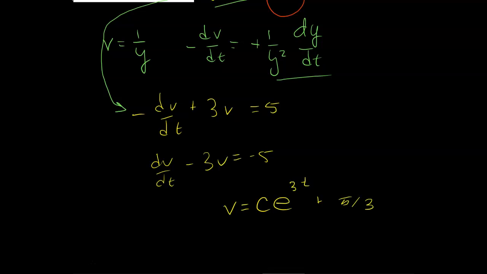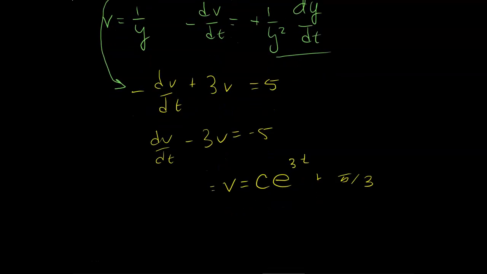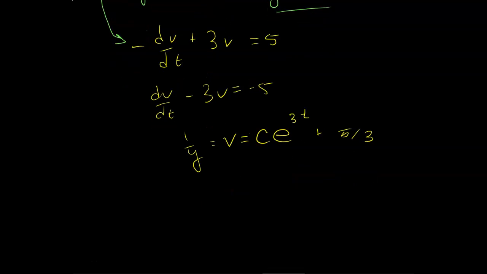So there's my v. In order to find out what y is, recall that v was given as 1 over y. So let's just flip everything upside down. So y is equal to 1 over all that junk. Great. I feel like I'm a little gung-ho at the moment.